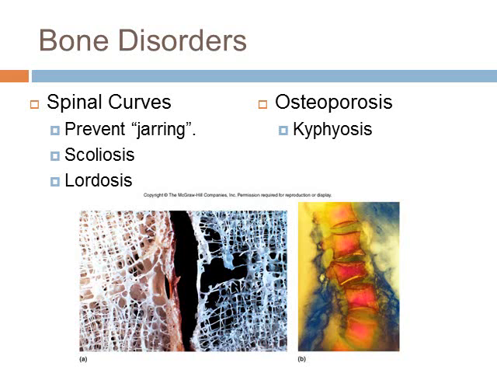This is also called widow's hump, where the top of the back hunches over, where elderly women get a hump in their back. Osteoporosis has been directly tied to a lack of estrogen, so some forms of therapy for osteoporosis or prevention is estrogen replacement.